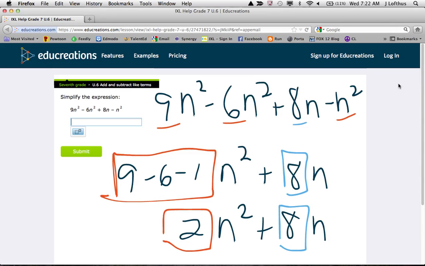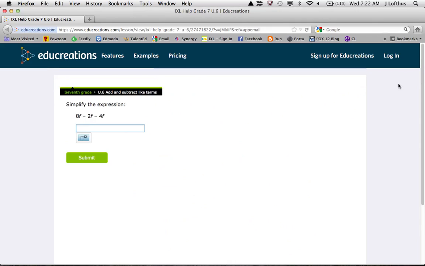So again, we can't combine n squareds with n, even though they're using the same variable. Once we square it, it becomes unlike n, and we can only combine like terms.